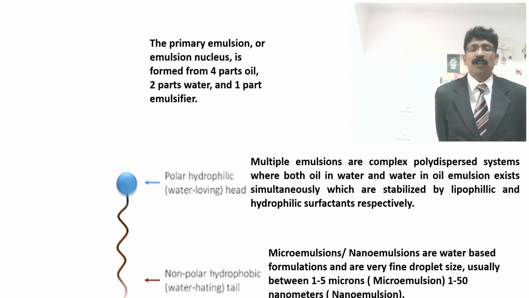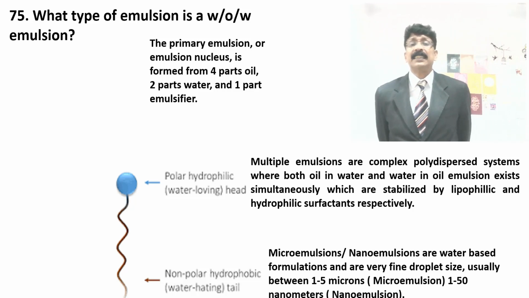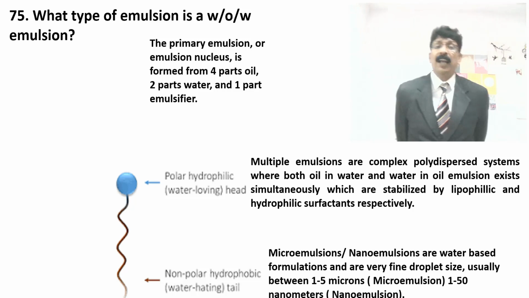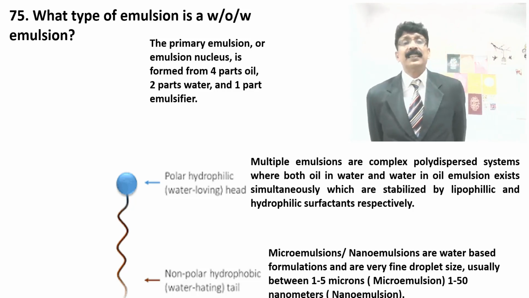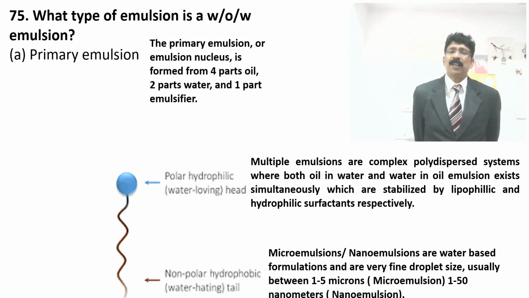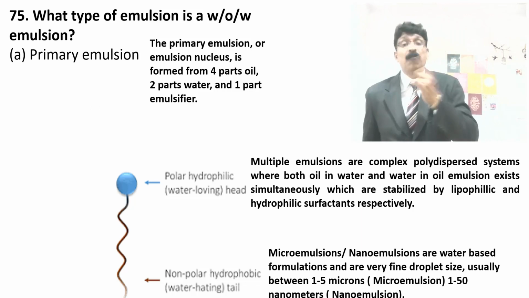Now we want to talk about what type of emulsion is water in oil in water. Is it a primary emulsion? No, a primary emulsion means simply water in oil or oil in water. The nucleus forms with 4 parts of oil, 2 parts of water and 1 part of emulsifier.